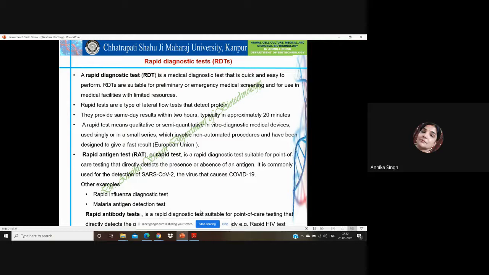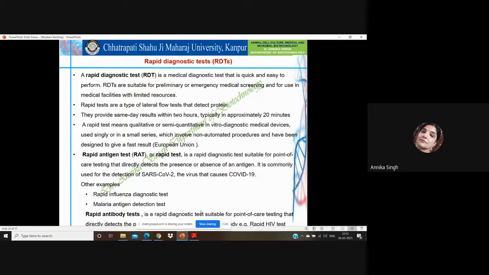When we put the serum of a particular suspected patient, and if that patient has SARS-CoV-2 virus infection, then the antigen, the envelope or the spike protein, binds with the specific monoclonal antibody and provides the positive result.